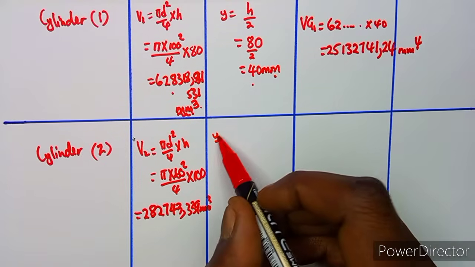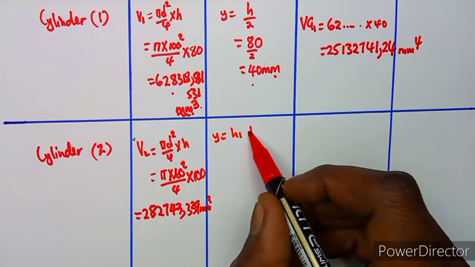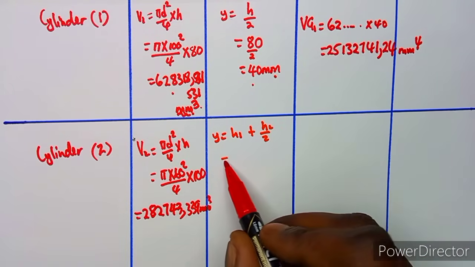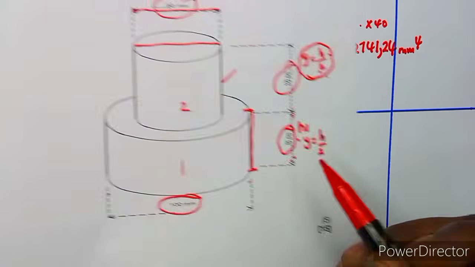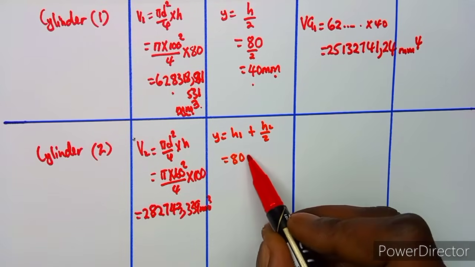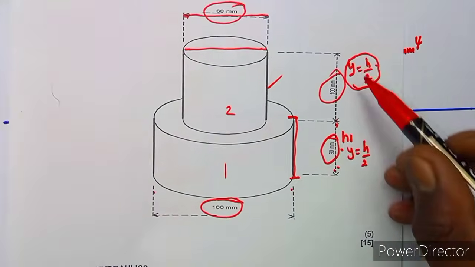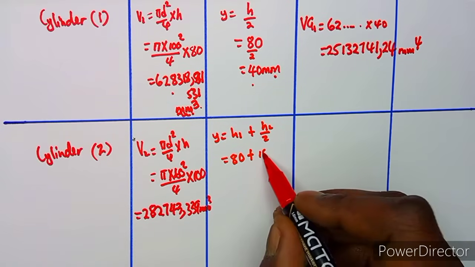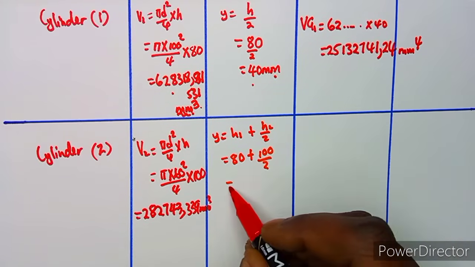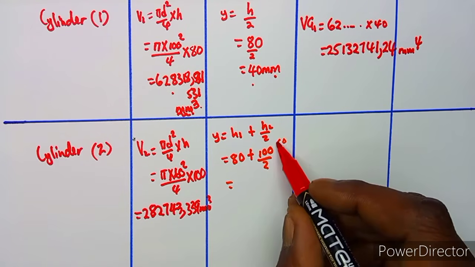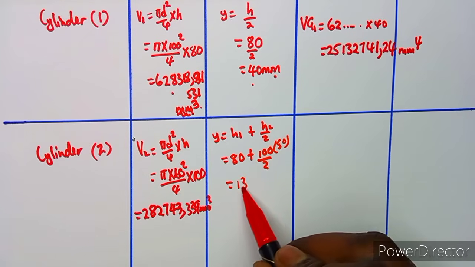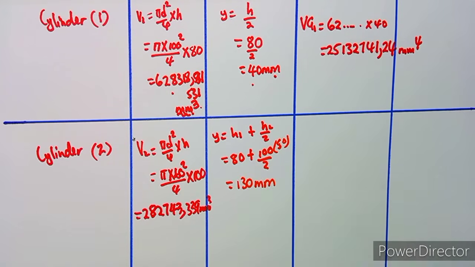So your y is h1 plus h2 over 2. h1 in this case is 80 millimeters, plus 100 over 2, which is 50. So 50 plus 80 is 130 millimeters. So that's it.